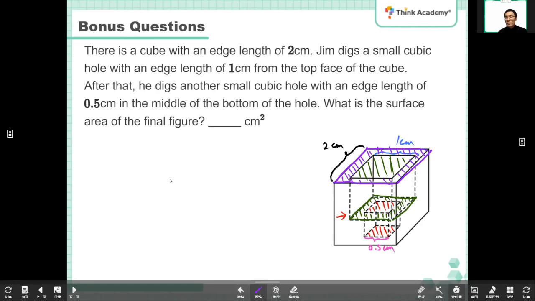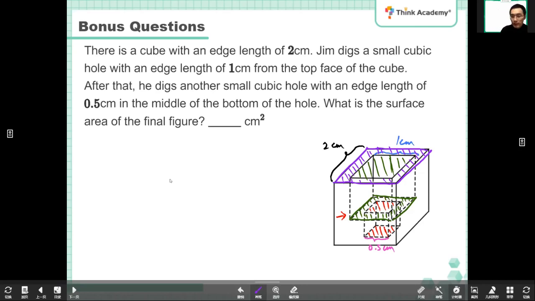So moving the red face up and moving the green face up, we have made this whole face whole. So we don't need to consider the top face or the bottom face for the small cube and the middle cube. We just need to consider the surface area of the largest cube, and then 4 new faces, the front, the back, the left, and the right. 4 identical faces for the middle cube and the small cube.